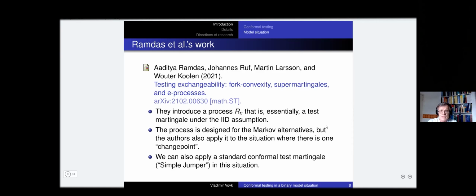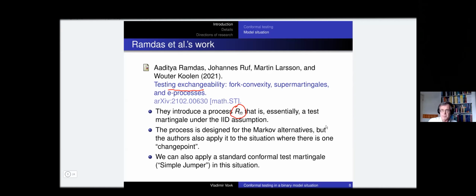Okay, so this paper and this talk are inspired by a paper by Aditya Ramdas et al. about testing exchangeability. In their paper, they consider the binary case. And they introduce a process Rn, which is not quite a test martingale, but it's almost a test martingale under the IID assumption.